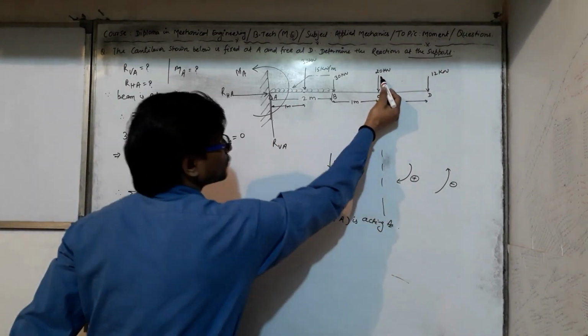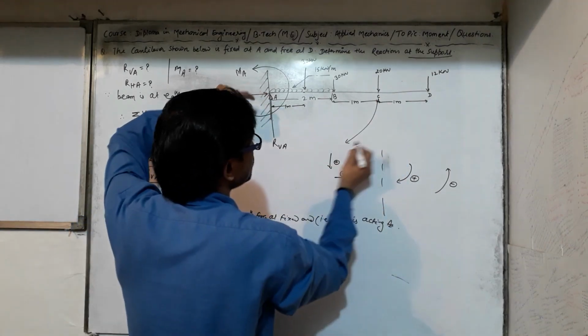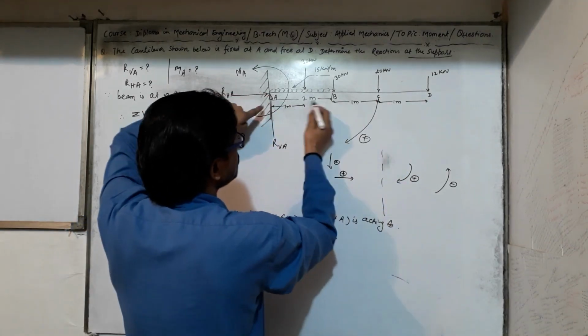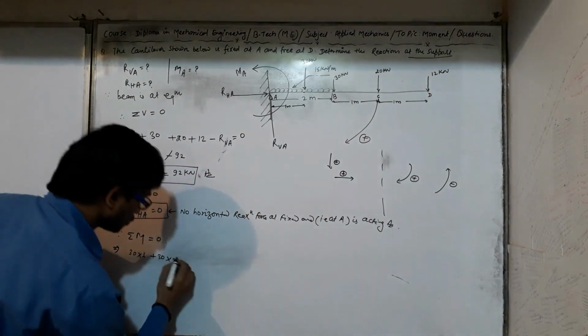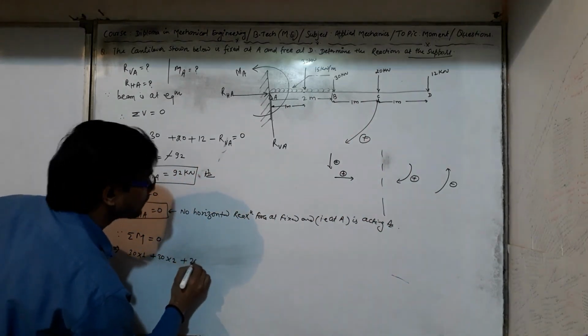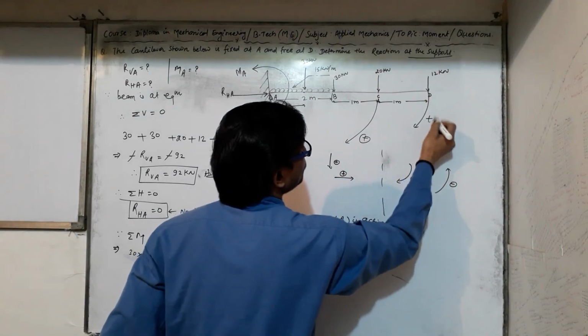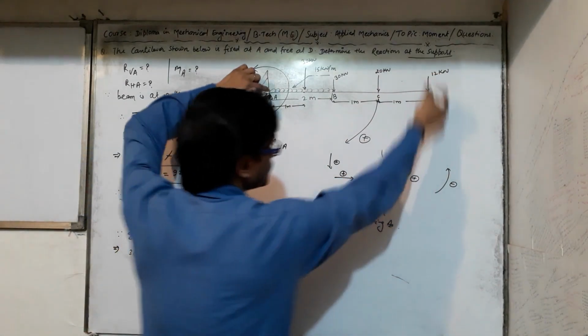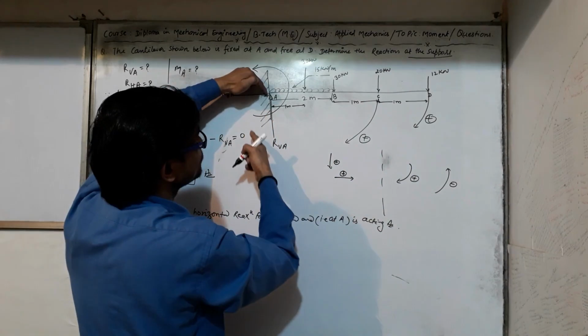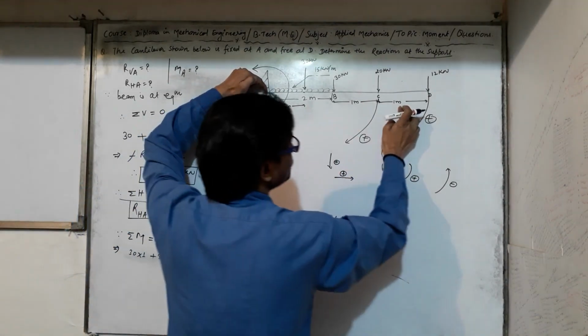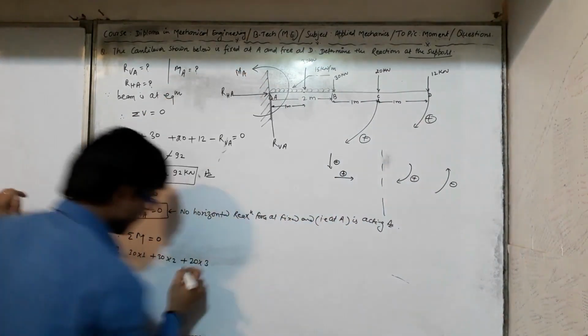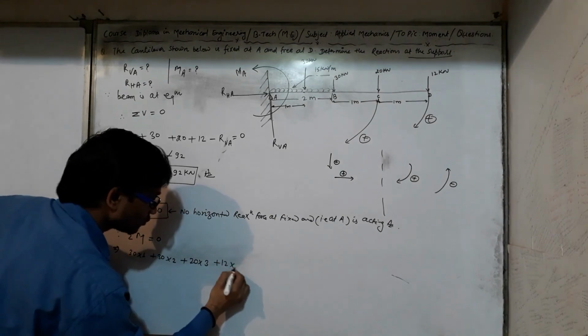Now 20 kilonewton produces clockwise moment at a distance of 2 plus 1, 3 meter, so 20 into 3. Now one more force, 12 kilonewton acting at point D, produces clockwise moment about point A, at 2 plus 2, that is 4 meter distance, so 12 into 4.